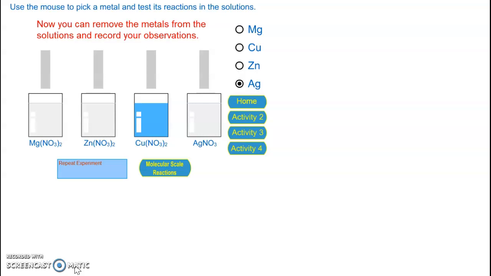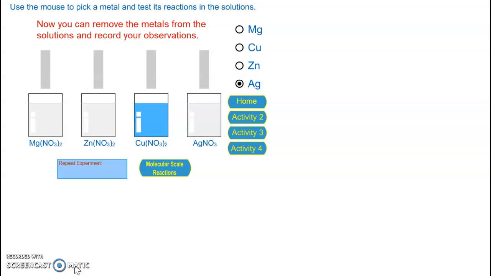Now, number 2: a metal that loses electrons more easily than another metal is said to be more reactive. Less reactive metals will plate onto more reactive metals. Considering magnesium, zinc, copper, and silver, which of the 4 metals you tested is the most reactive?